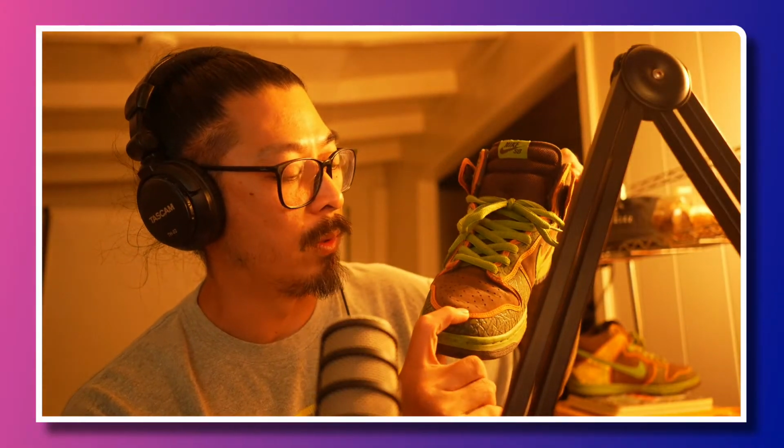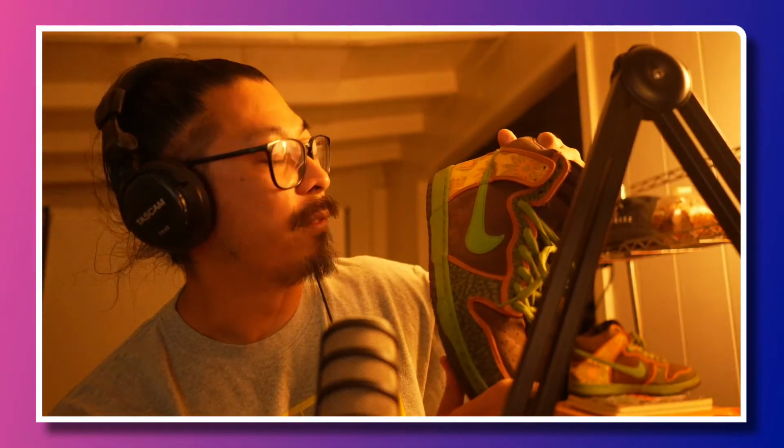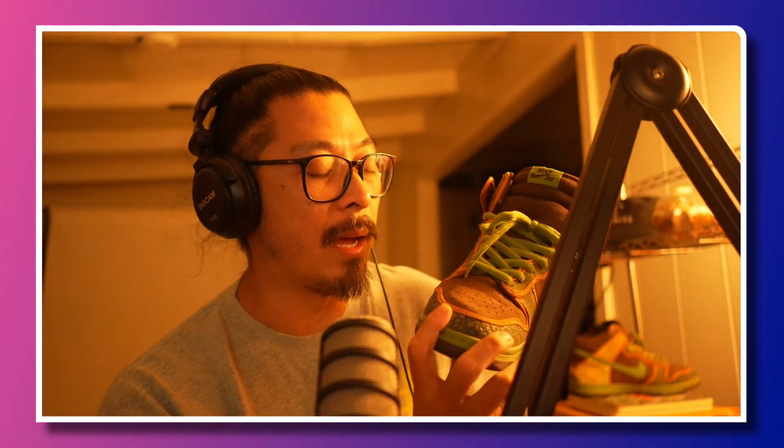One of the things I like about this is the double stitching they got going on over here with this orange. The first time I saw these, I think it was in 2005 at the Soul Collector Nike Town Waikiki. I was just amazed because at that time, all the Jordan retros stayed the same color. There were no special colors.